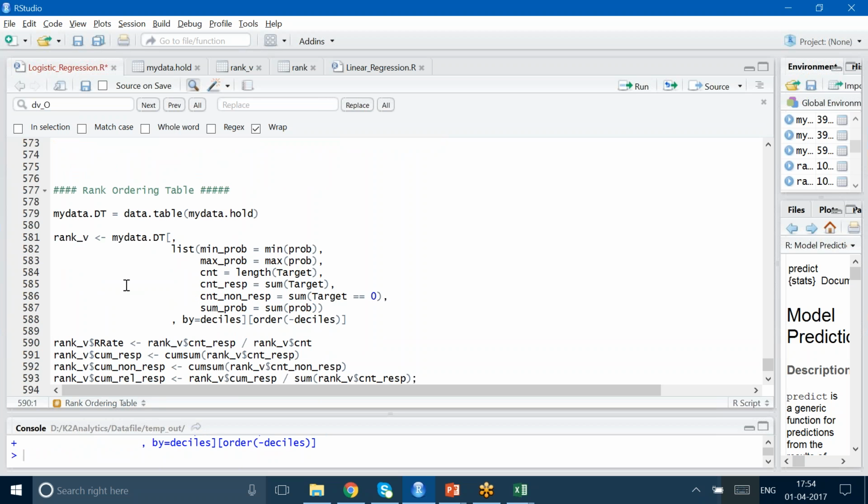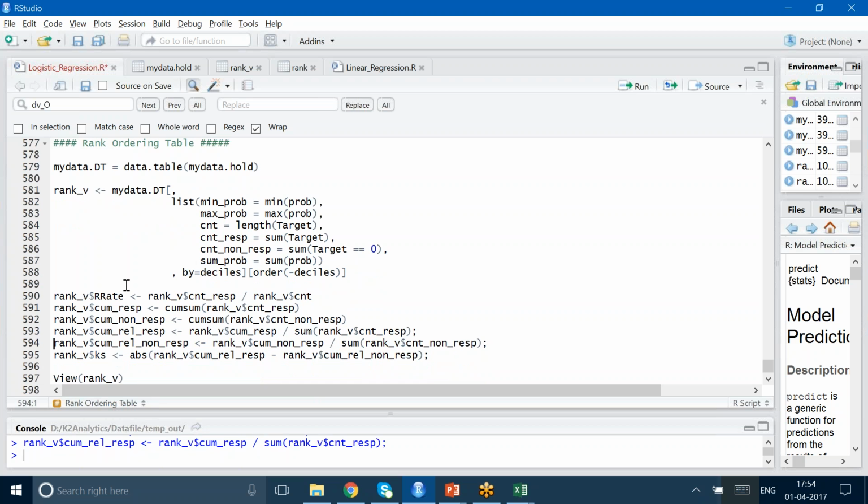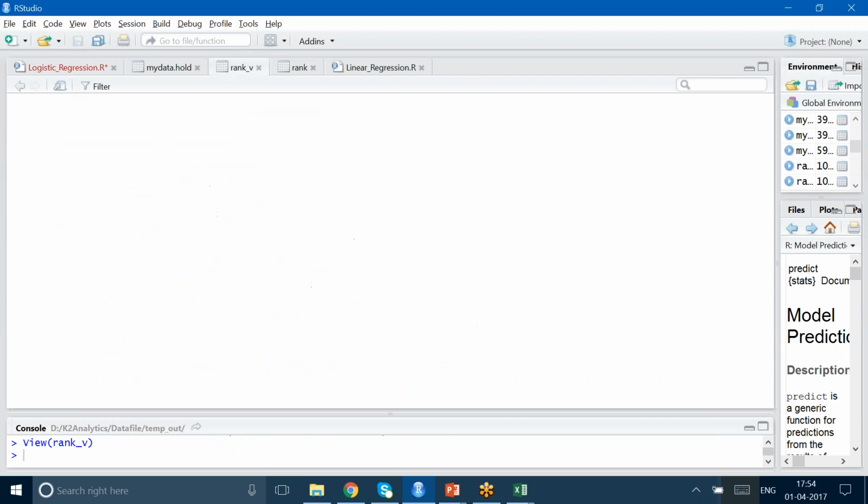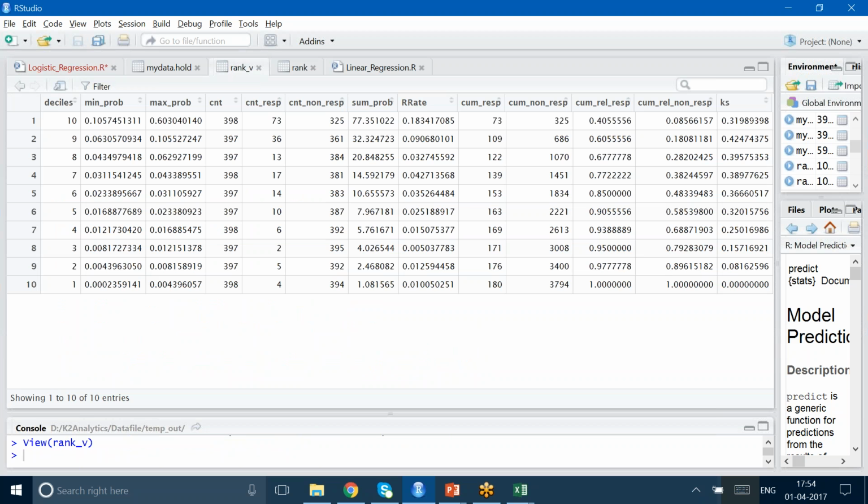So I've done the rank ordering, and this is the rank ordering table for the holdout sample: 0.18, 0.09, 0.03, 0.04, 0.03, 0.02, 0.01, 0.005, 0.012. Here this crack is now understandable, 2.5, because the holdout base is just 20% of the population. Okay, so that is understandable.